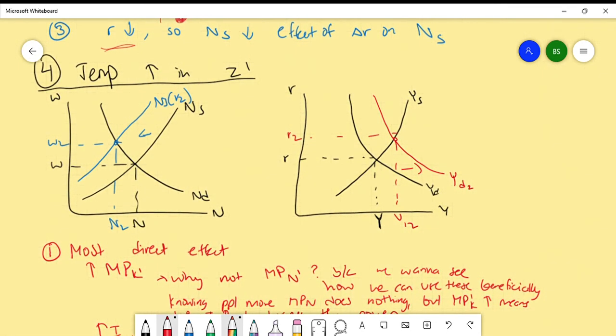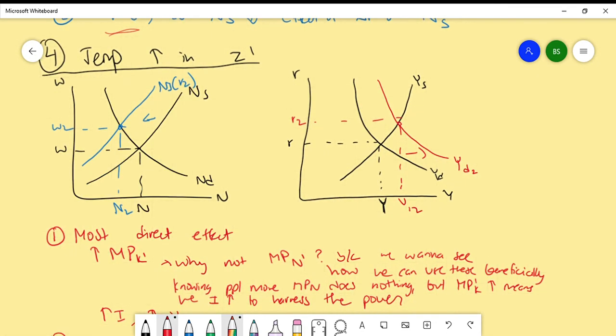It's a temporary increase in future productivity. Since there's a temporary increase in future productivity, first of all, Y equals Z F(K) and that increases, so our future output will increase. Unlike the other one where we couldn't really invest, this one we can invest because we'll be able to reap the benefits later.